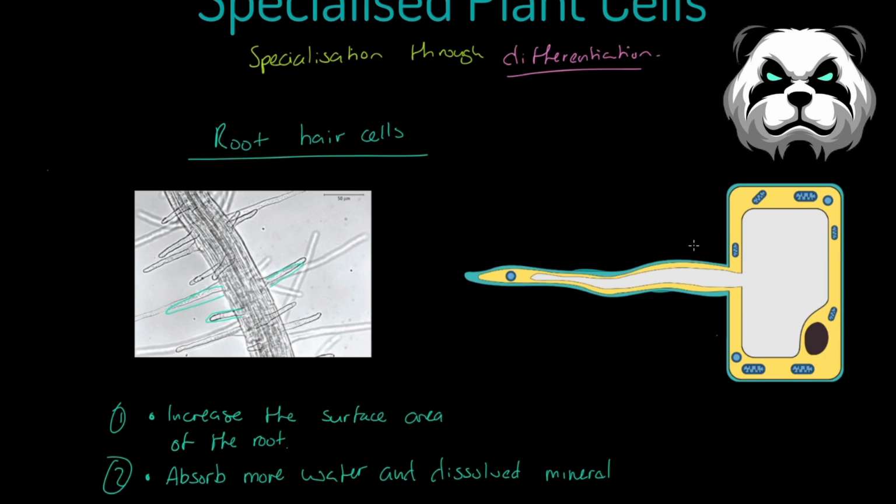So that being understood, let's see if we can actually look at the features of this cell. Well, I guess the most obvious thing is to recognize that this here is the root hair. Fairly obvious, but let's make sure that we label that. Secondly, notice some of the features which we typically expect to be in plant cells are also present here. We've got a cell wall, cellulose based. We have a nucleus, which is controlling the activity of the cell.